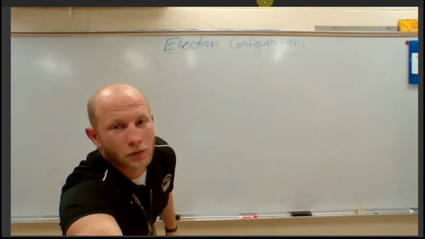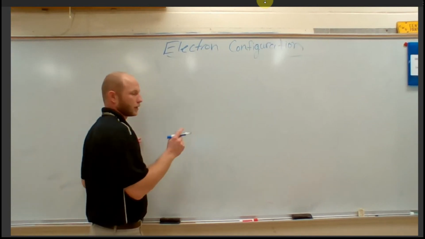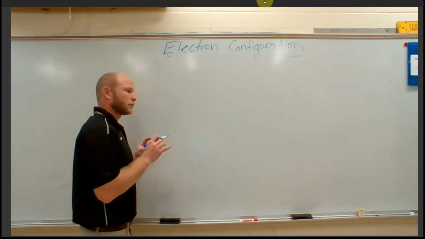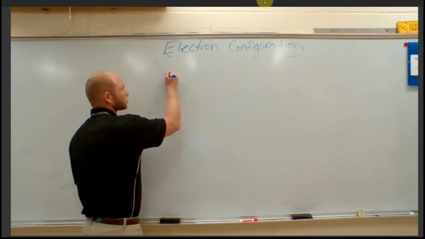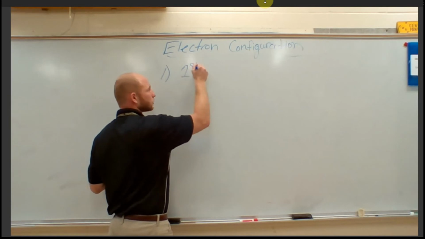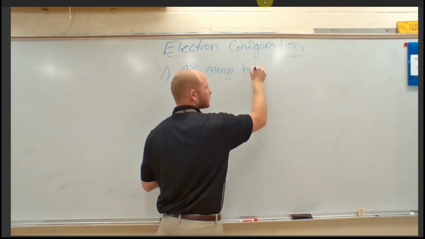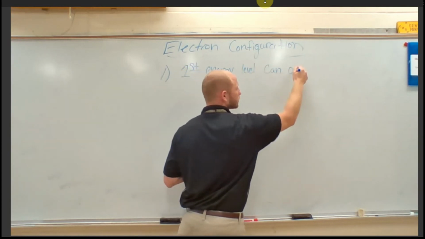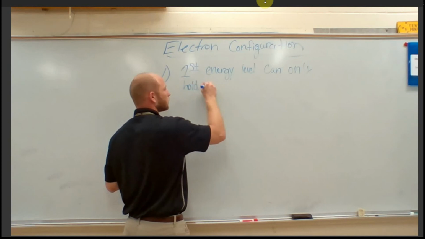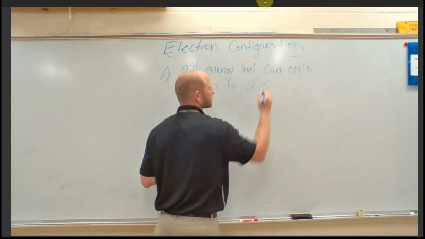I think my computer's about to fall asleep. All right, so anyways, let's start with the smallest one. Let's see. So we have two rules here. First rule is that our first energy level can only hold up to 2 electrons.